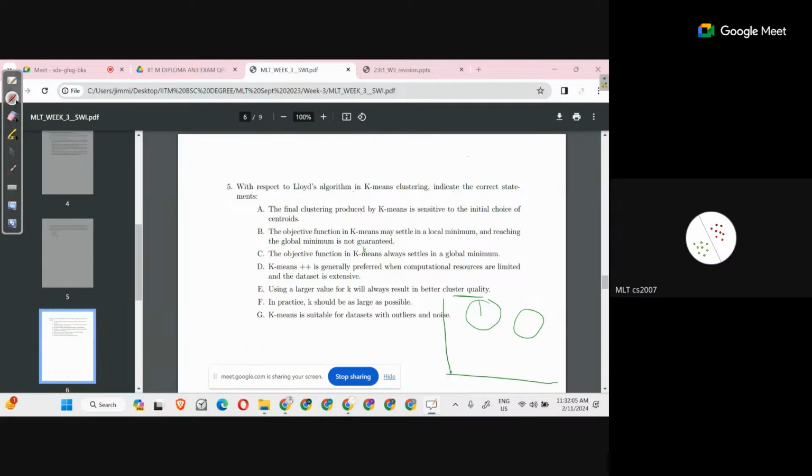For example, let's say on the Z axis we have gender, and here we have their marks. The shape will be something like this. These points are homogeneous and these points are homogeneous. Sir, marks and gender, I am not able to understand.